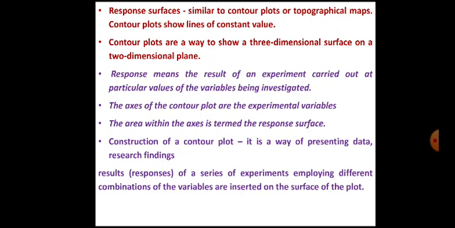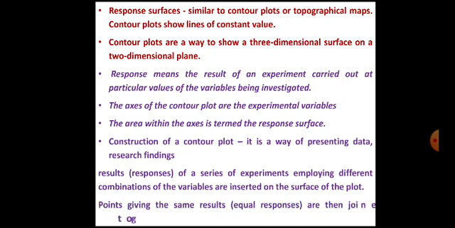So this interaction can be identified with the use of these contour plots. That is the advantage of response surface methodology, and we can further optimize these values in further studies. So how are these contour plots and response surfaces constructed? The results or the responses of a series of experiments employing different combinations of variables are inserted onto the surface of the plot that leads to generation of response surface.